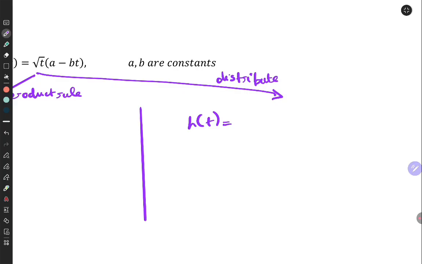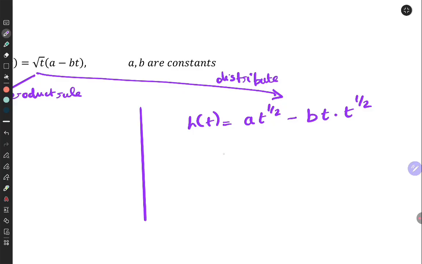So what I got was t to the 1.5, minus b, t to the 1.5.